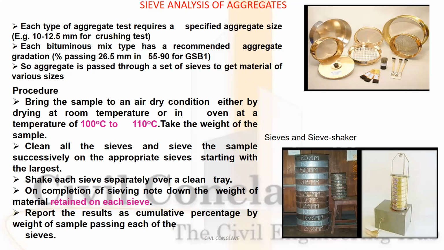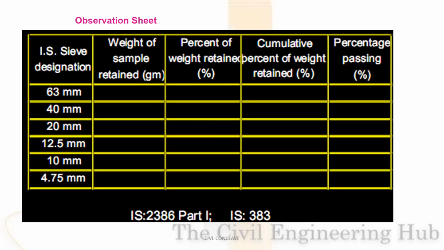So aggregate is passed through a set of sieves to get materials of various sizes. Procedure: bring the samples to a dry condition, clean all the sieves, shake the sieves, as in the sieve shaker, and report the cumulative percentage for each and every sieve.